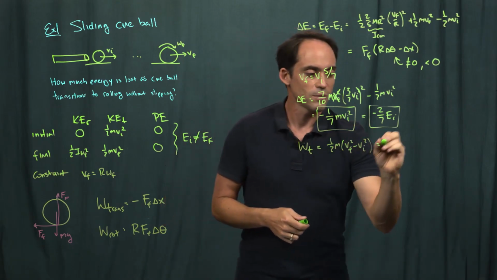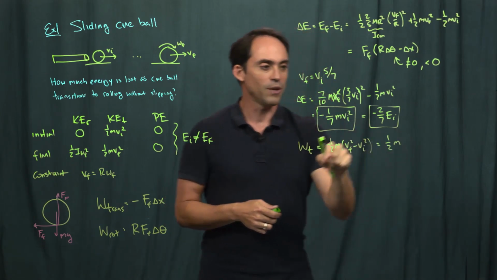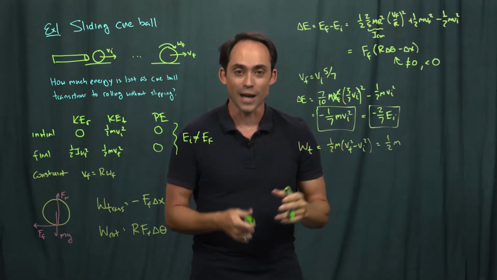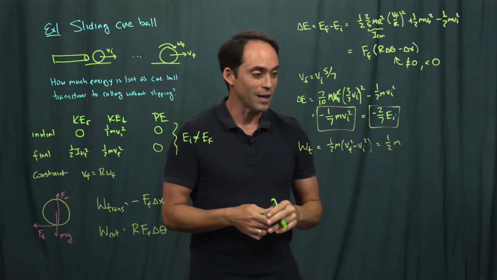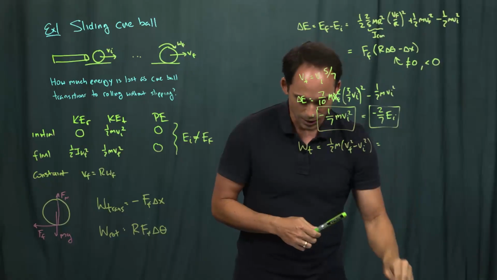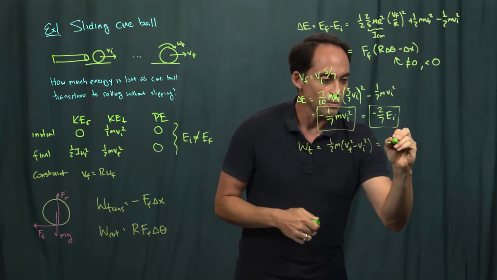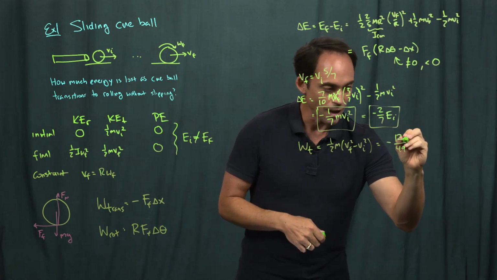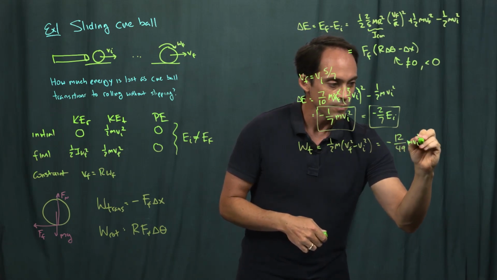which, because we have Vf equal to 5/7 Vi, is going to be 25/49 minus 49/49. And if we compute all the numbers together, this is minus 12/49 times m Vi squared.